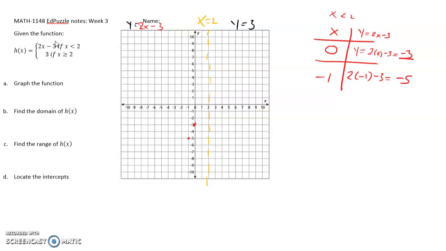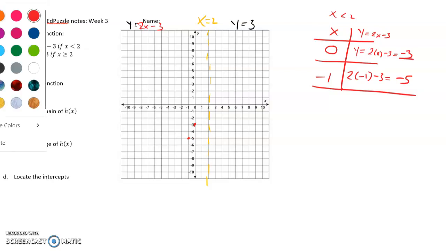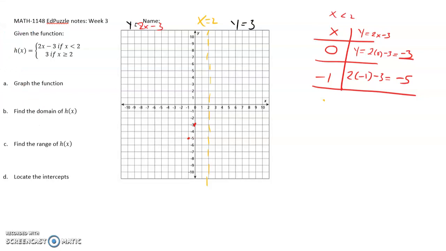Now there's one more point I want to find, and I'm going to use a different color for this. What's going on right at that edge? Right at the endpoint where this graph is going to line up, which is 2. If I plug 2 in, I get 2 times 2 minus 3, which is 4 minus 3, which is 1.